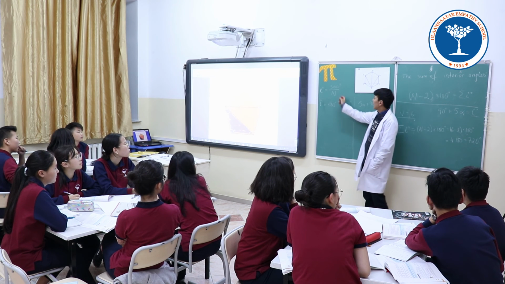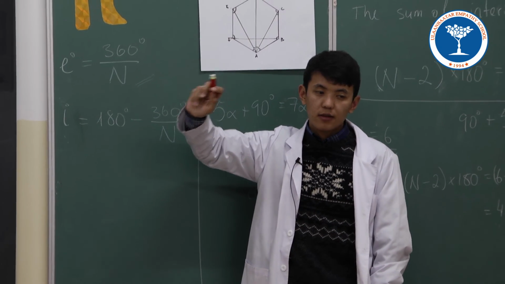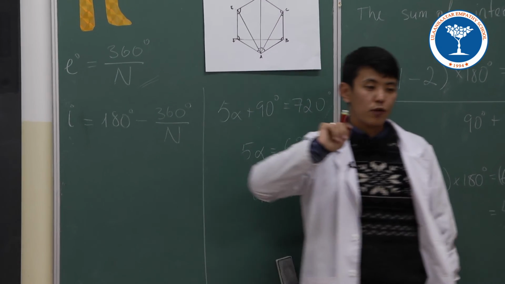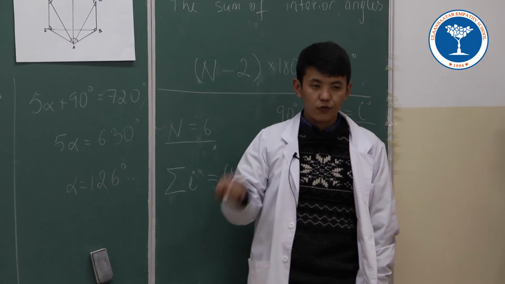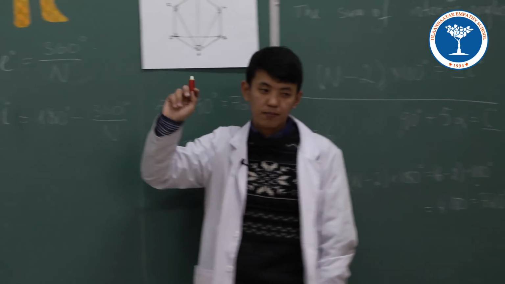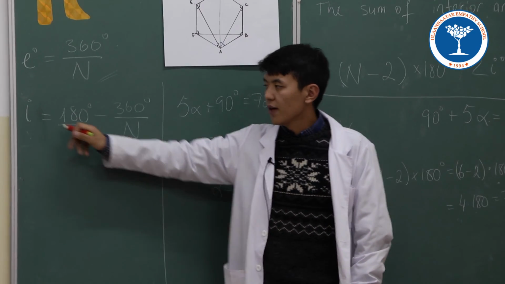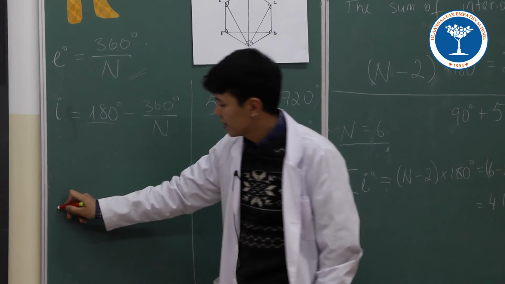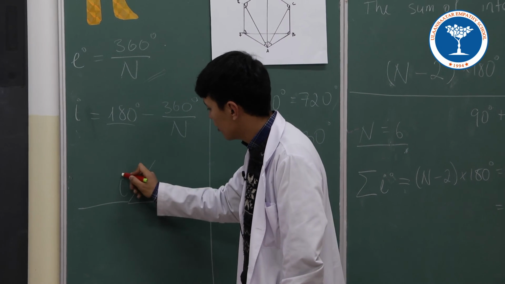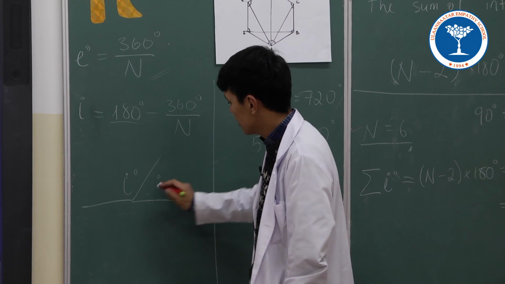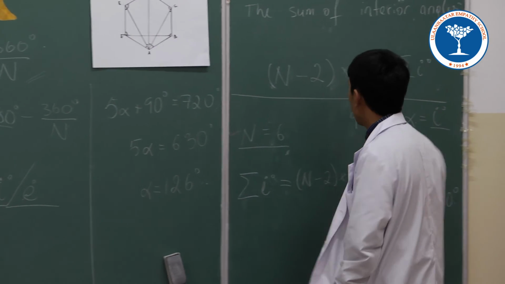The exterior angle of a regular polygon is 360 divided by the number of sides, since the sum of exterior angles of a polygon is 360. By using that formula, we can find the interior angle, since the sum of the exterior angle and the interior angle is 180.